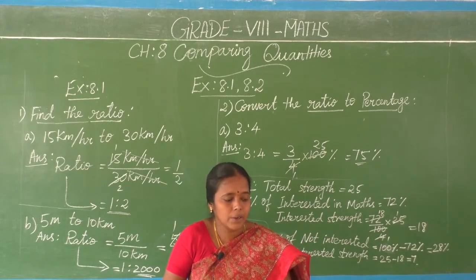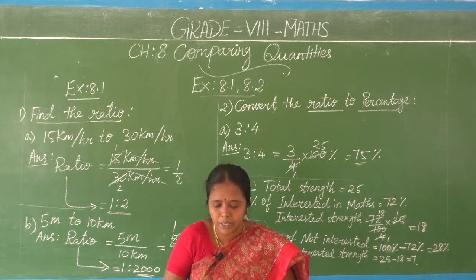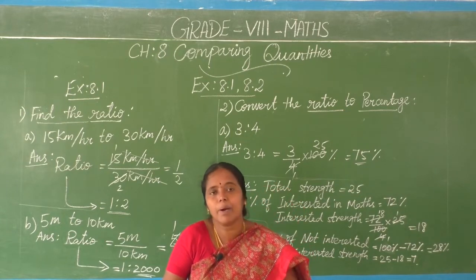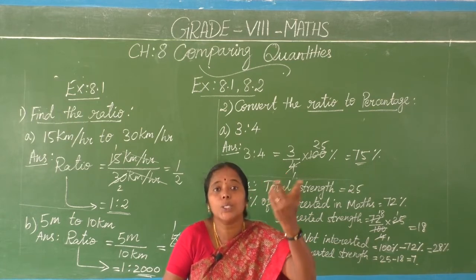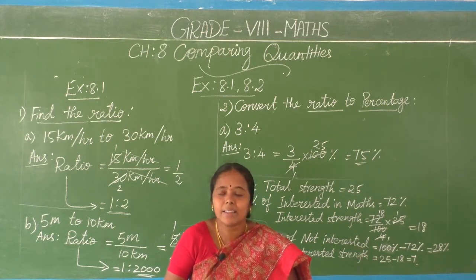Suppose here 40 marks, here 20 marks. In comparison by division, how can you tell? 40 by 20, Rekha by Geeta. Comparing with Geeta, Rekha has 2 times extra.